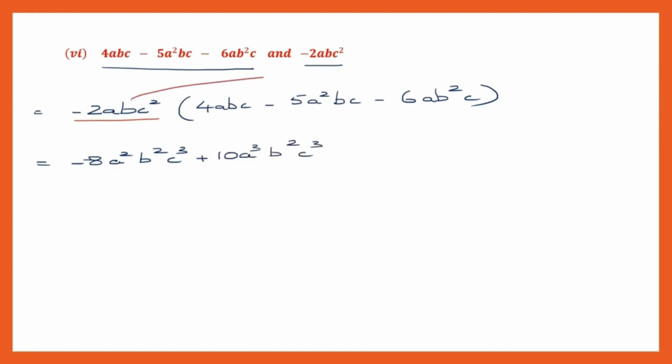Now let's multiply with the third term. That is minus 2abc square into minus 6ab square c. So let's begin now here. First the sign, minus into minus is plus. Then the numbers, 2 6s are 12. Then let's take a and a, both are 1 each.